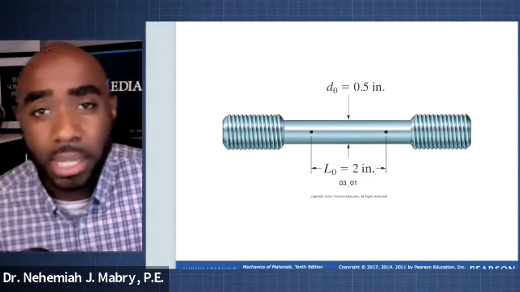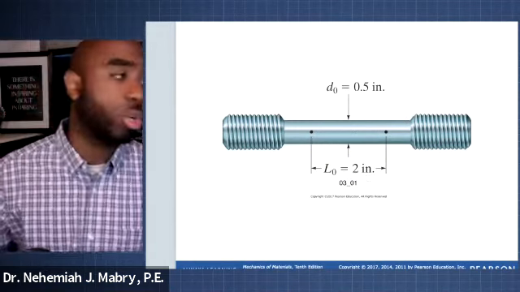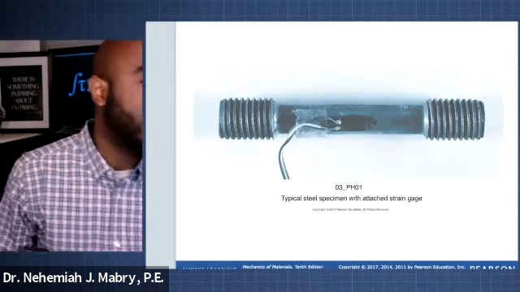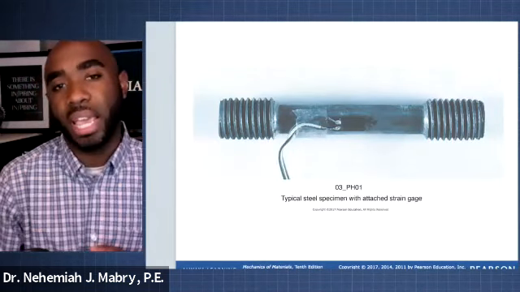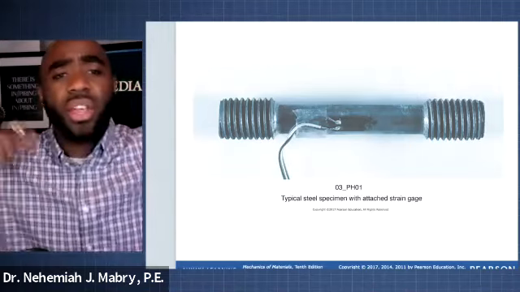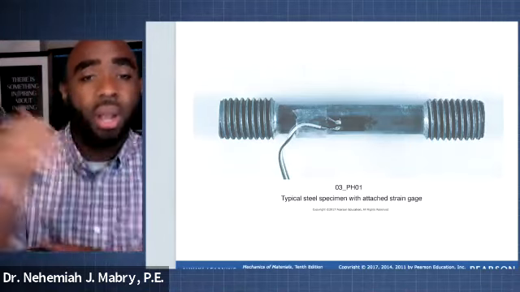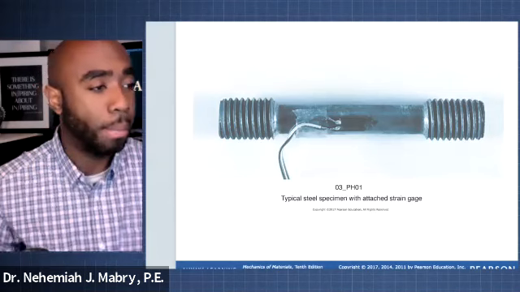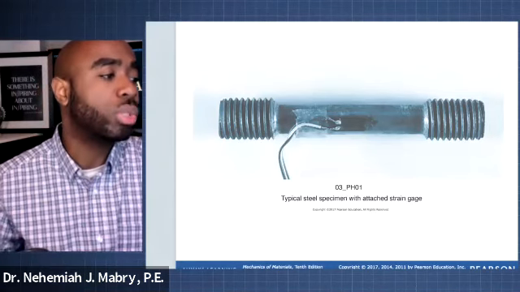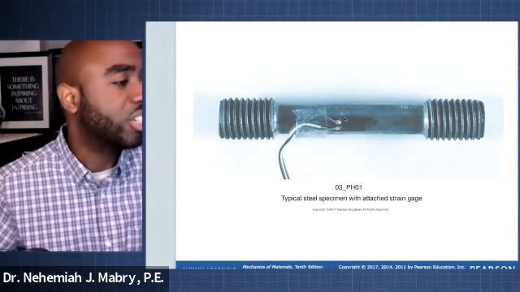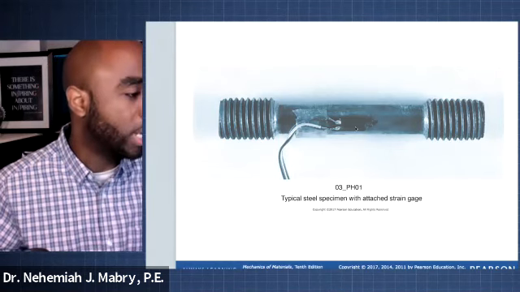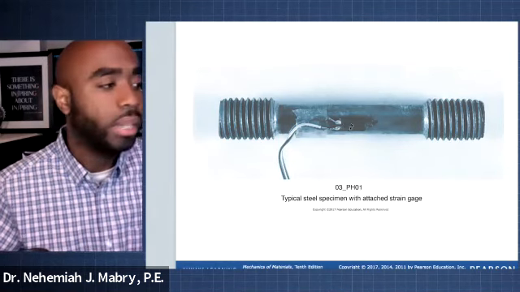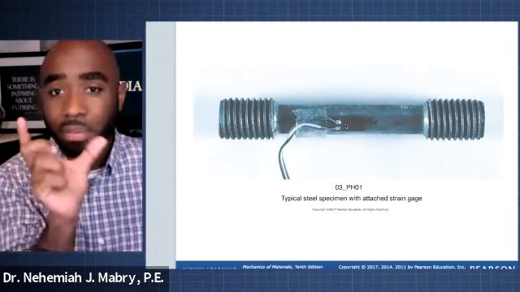Now, what happens in experimental labs is that we attach something known as a strain gauge. This is a traditional strain gauge. There are other ways to measure strain, but this is one of the most traditional, most used methods, where a small electrical attachment sensor is attached to the gauge length of our specimen.